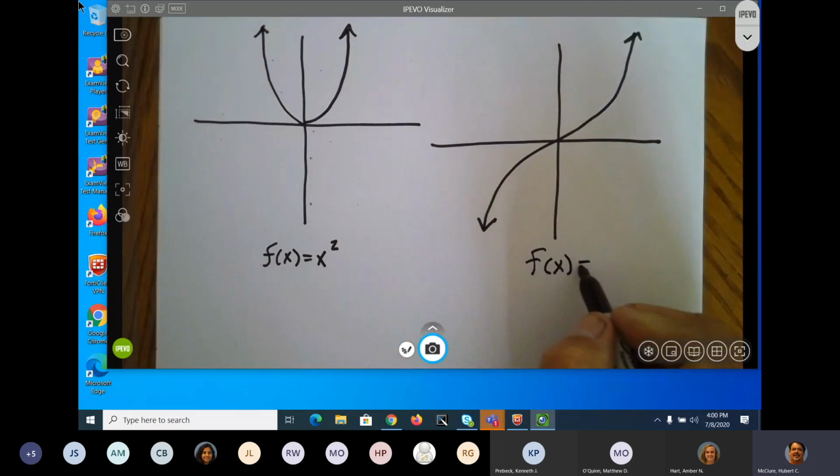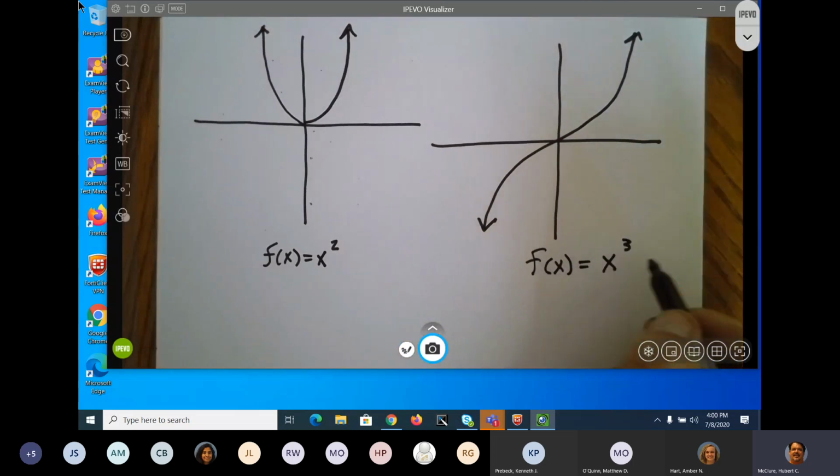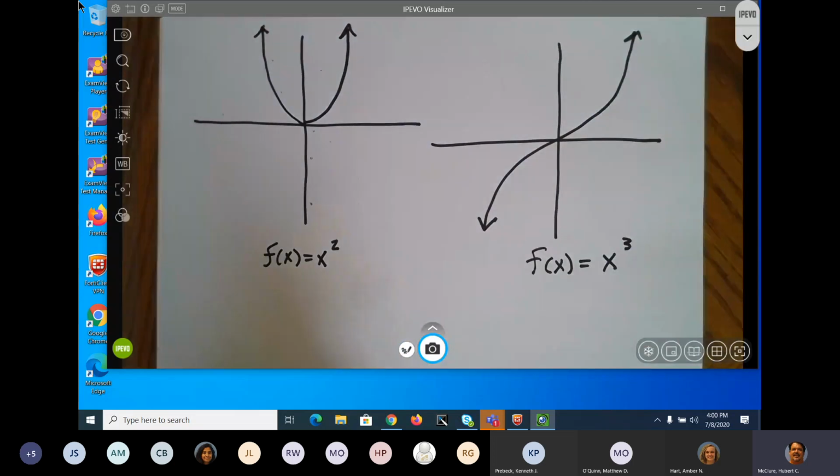What can you tell me about these two functions? I know one's a parabola and one's a squiggle, and one of them is x to the second, one of them's x to the third. But what can you tell me about these two? One's even, one's odd. One is even and one is odd.